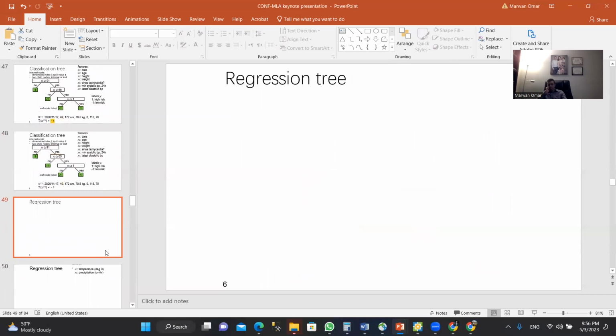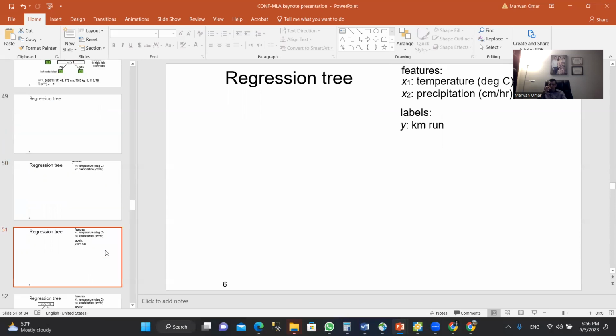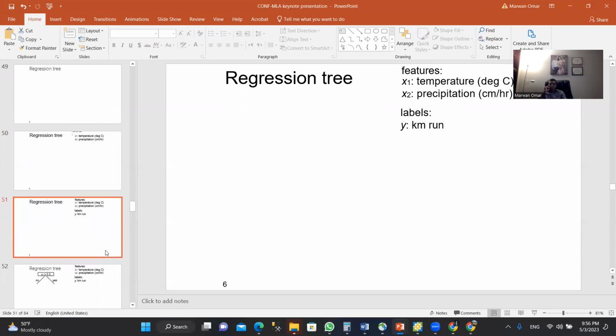And then again, we had regression trees. So some of the features for a regression problem would be X1 for the temperature in degrees Celsius, and X2 is the precipitation. So in this case, for this regression issue, you have the labels Y, km and run.